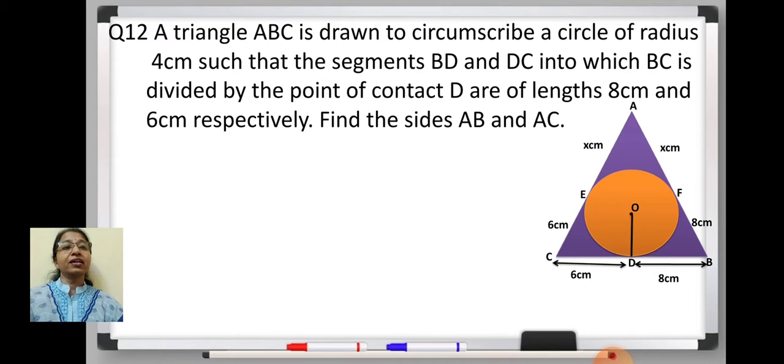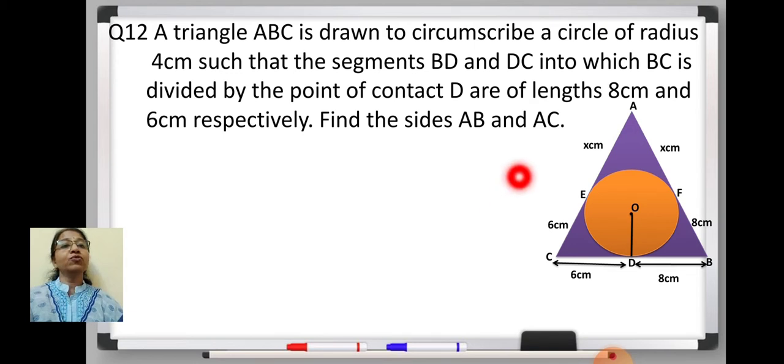See, triangle ABC circumscribing a circle with center O, and there is a point D which is a point of contact such that this BC is divided into two lengths. So CD length is 6 cm and BD length is 8 cm.